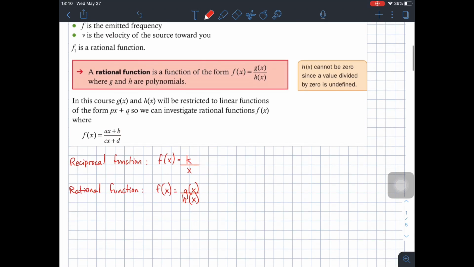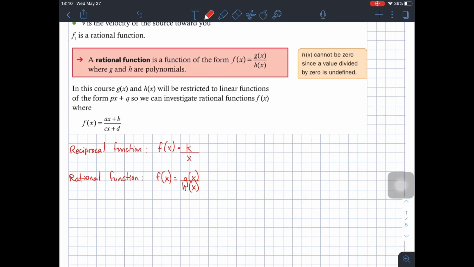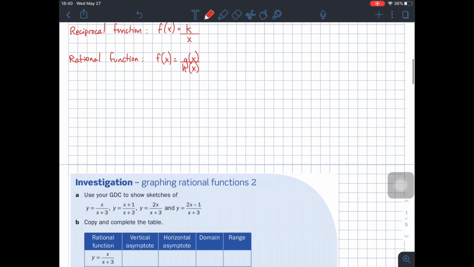Later on in university, if you study a career related to numbers and functions and function analysis and calculus and so on, you will see that there are different types of rational functions, and this function over here and this function over here do not necessarily need to be linear functions. They might be quadratic functions or cubic functions or whatever, right? But for the IB program, we're focusing on linear functions.